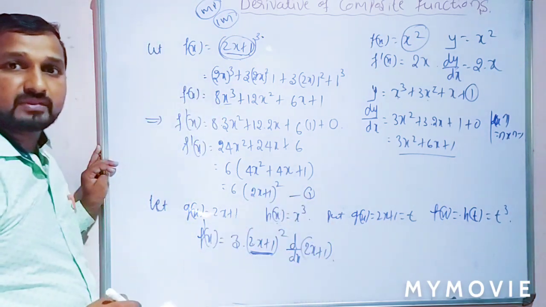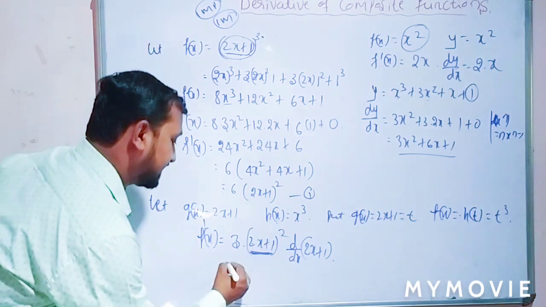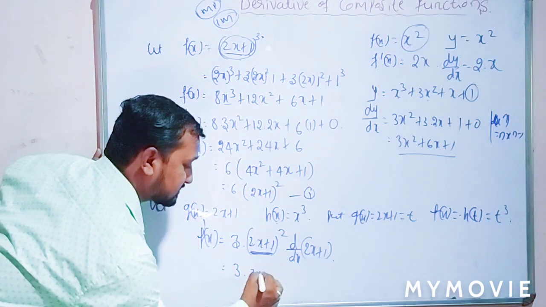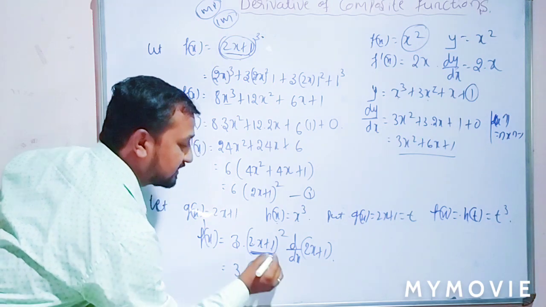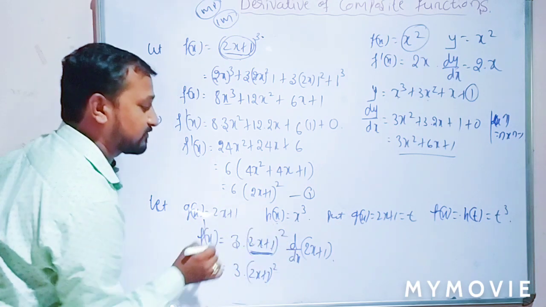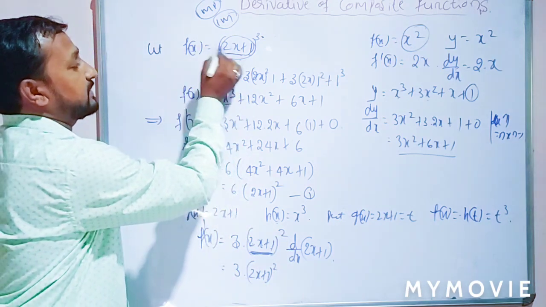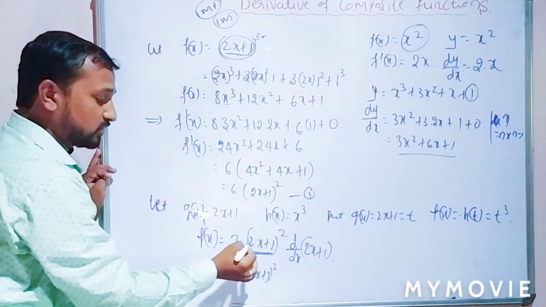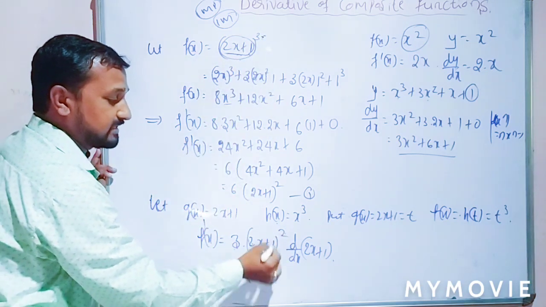Is that clear? So that is equal to 3 as it is, (2x plus 1) whole square as it is. This is not a standard form; this is the 3x square form. f of x equals x cube form. What is the derivative of x cube? 3 into x square. Instead of x, what is that?